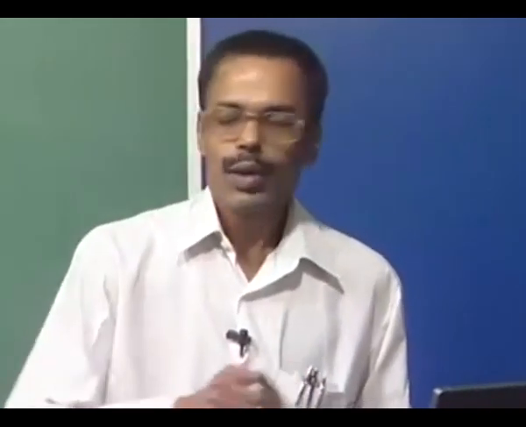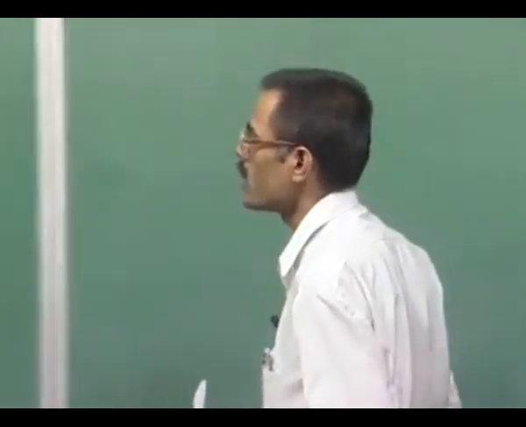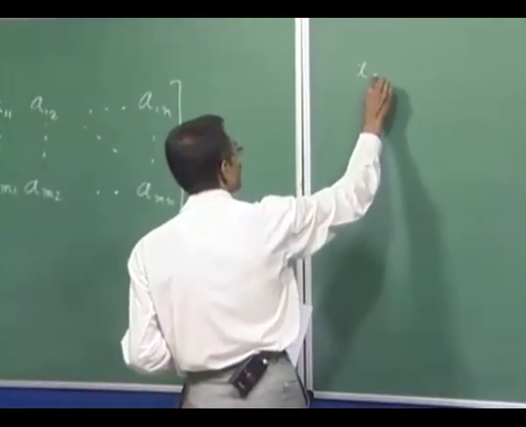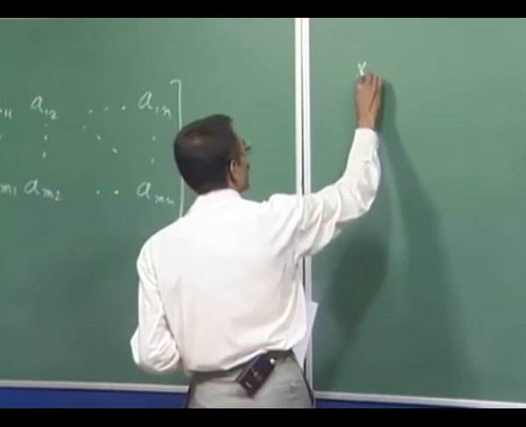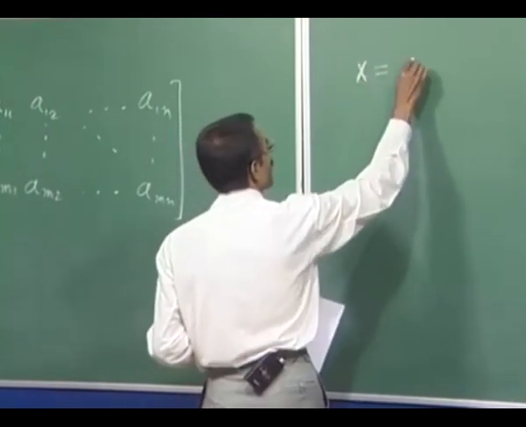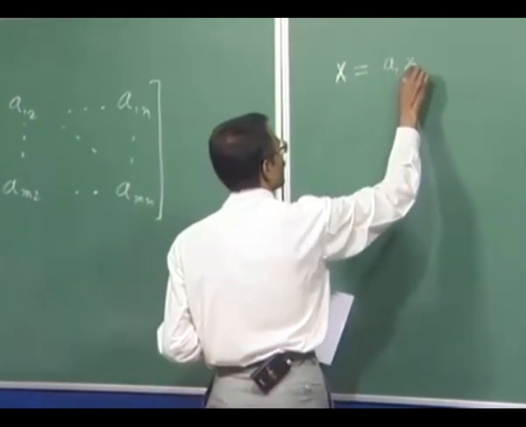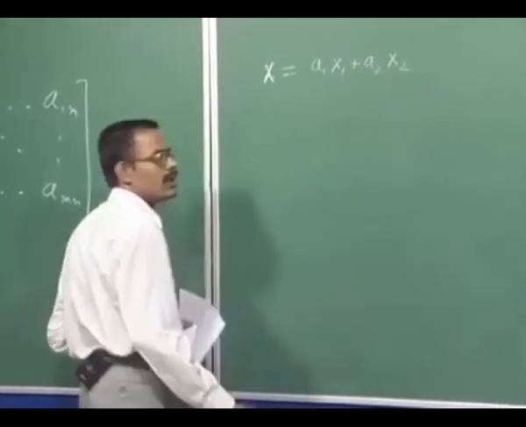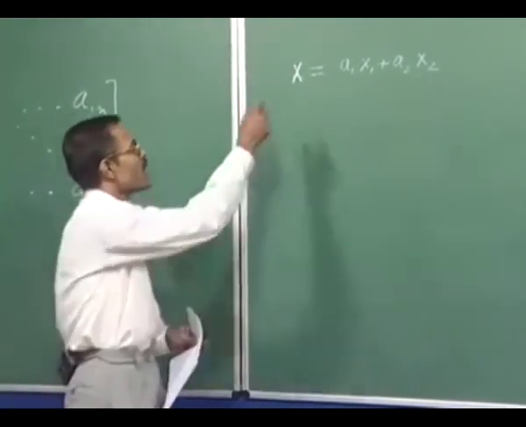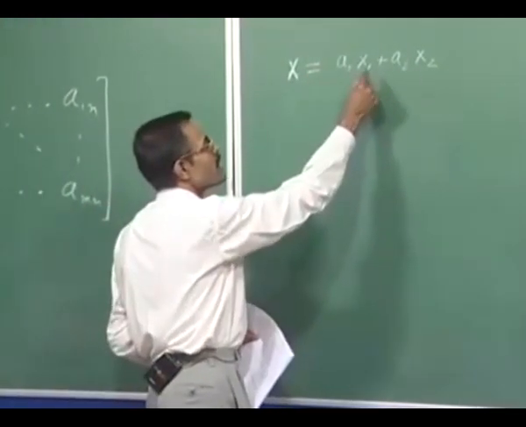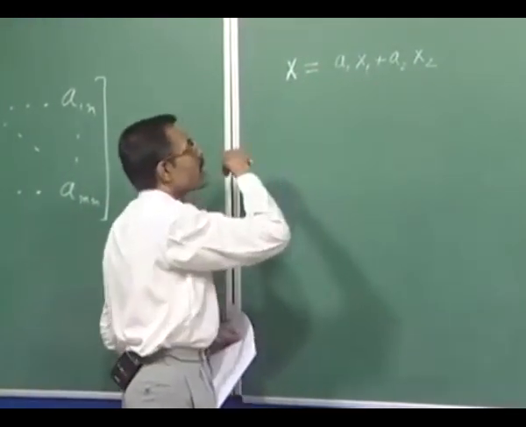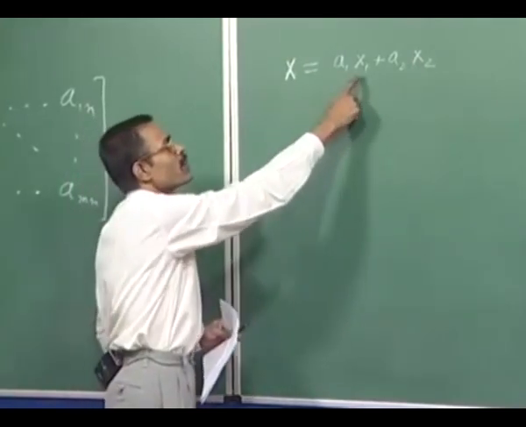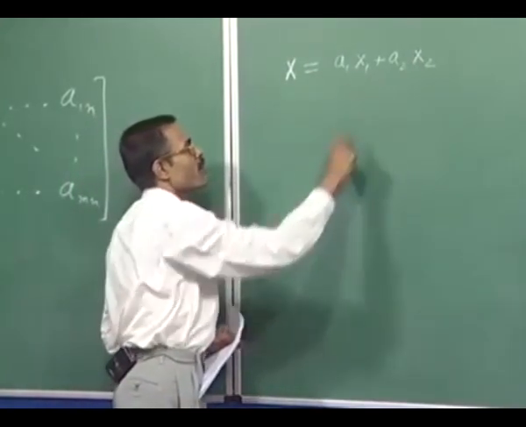The simple, straightforward idea of linear dependence and independence is that if a vector x can be expressed as a linear combination of several vectors like this, then in such a situation we say x is linearly dependent on x1 and x2, which means that x can be formed by a linear combination of x1 and x2.